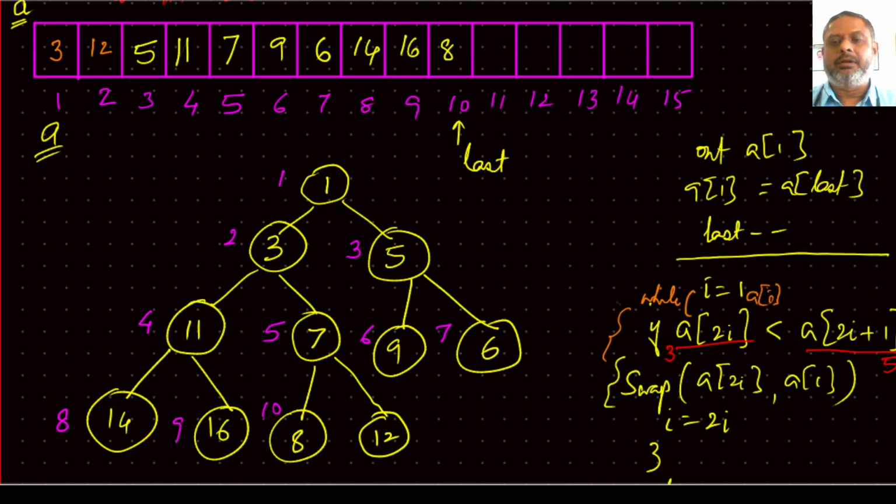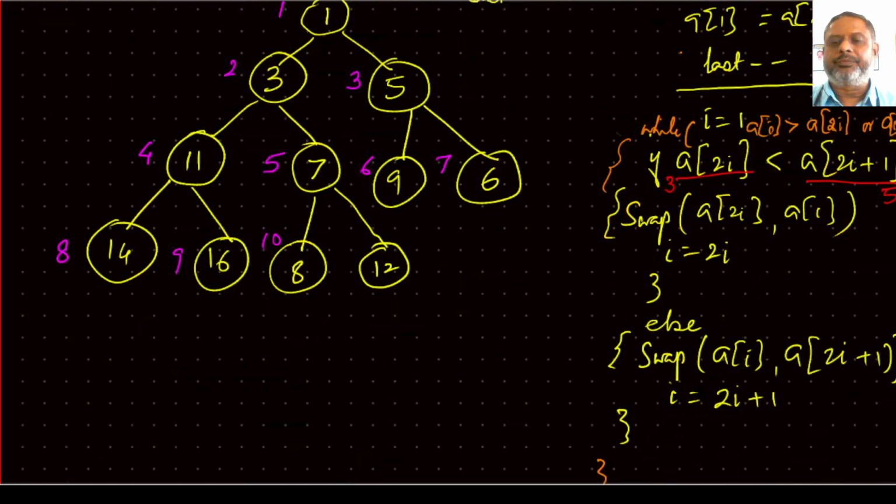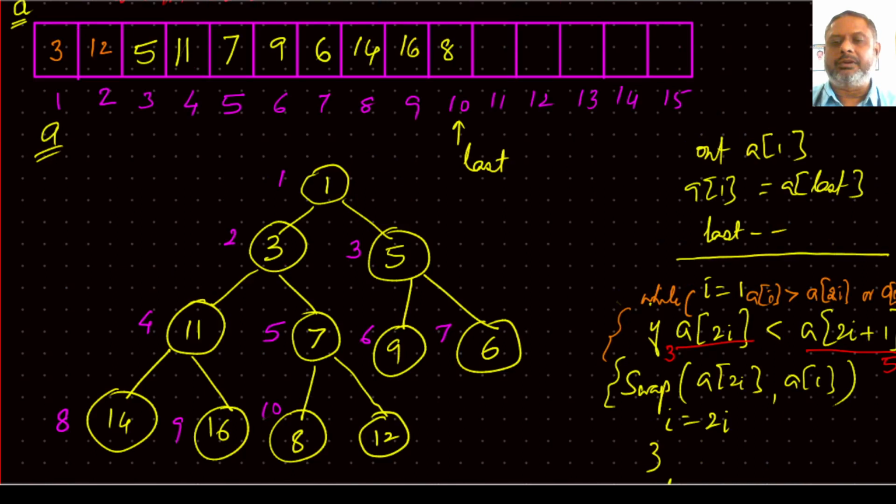A of i is greater than a of 2i, or a of i is greater than a of 2i plus 1. So as long as this value is greater than any one of them, then this should continue. So that's it. What happens next is the i value, which was 1 in the beginning, has now become 2. So 2i will be 4 and 2i plus 1 will be 5.